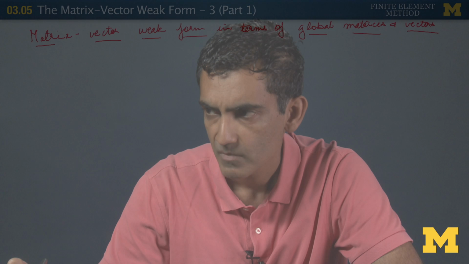Okay. For completeness, and because there's just one more thing I wanted to say about it, let me rewrite the weak form that we have. So we have the following.